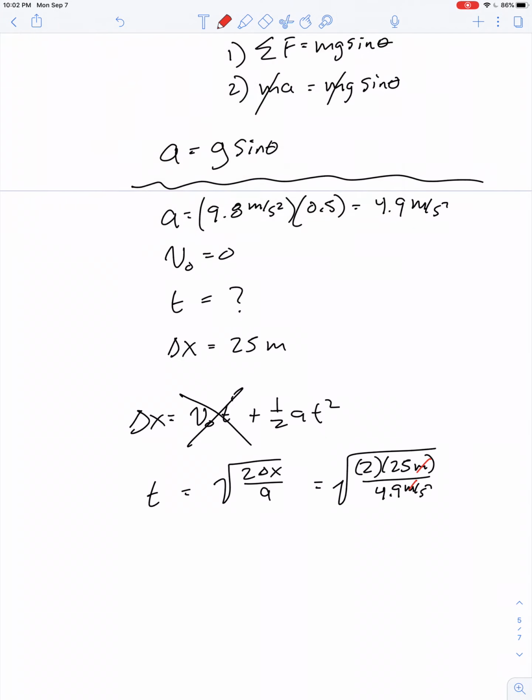We have the inverse of square seconds, which gives us square seconds, but we're taking the square root of all of this, so of course our units are going to give us just what we want since we're trying to solve for a time value. And according to my calculator, the answer is about 3.19 seconds to reach the bottom of the hill. So there you have it.